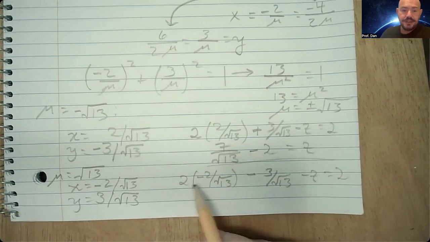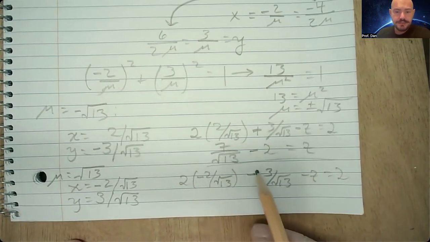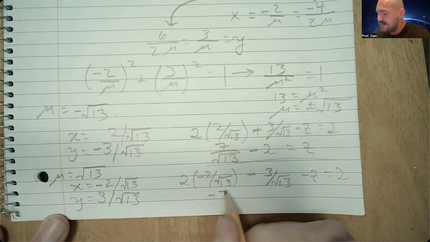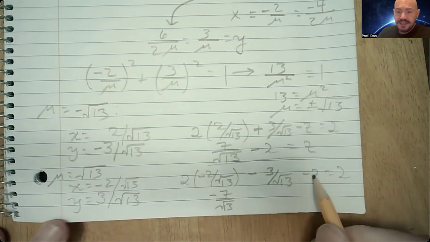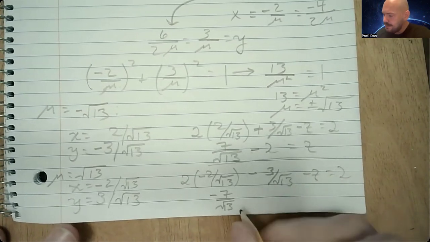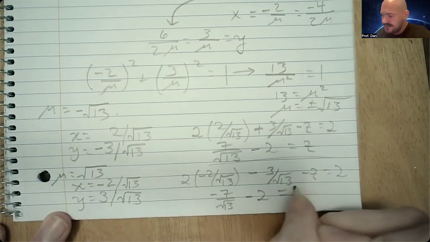So a little arithmetic. That's minus 4 minus another 3 would give me negative 7 over the square root of 13. Again, I could add the z and subtract the 2. So minus 2 equals z.